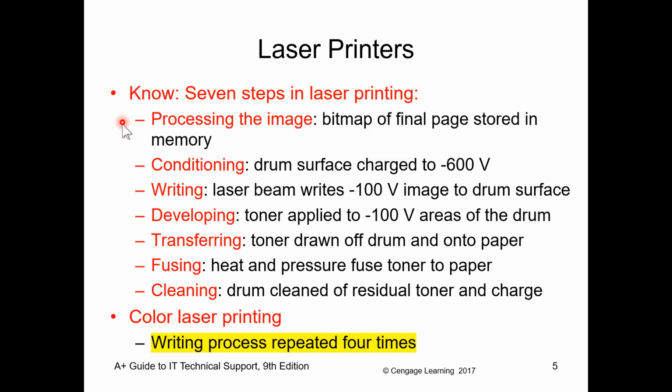Then the next step after processing the image is to condition the drum to negative 600 volts. Then we write the image onto the drum, and as the laser is striking the drum, it changes the voltage from negative 600 volts to negative 100 volts on the drum surface.